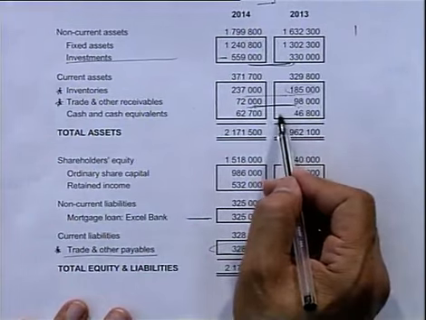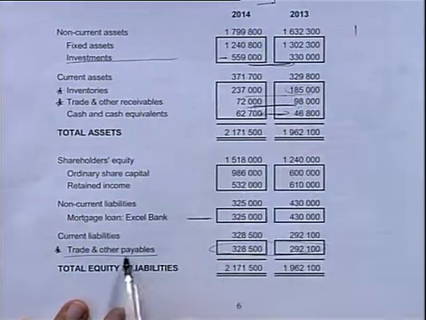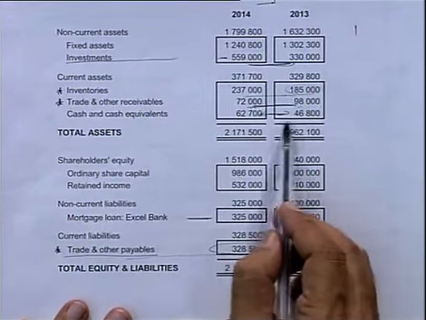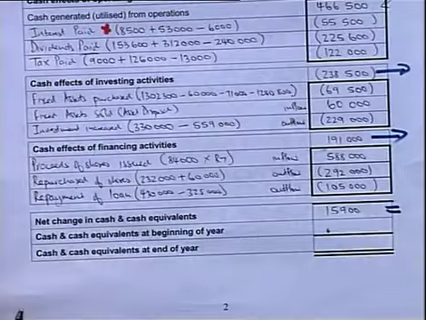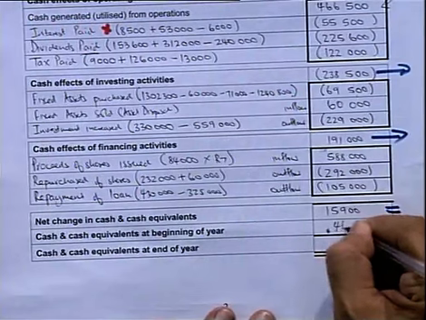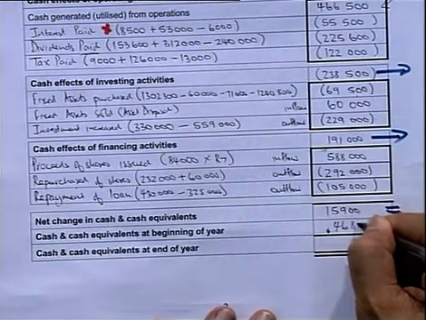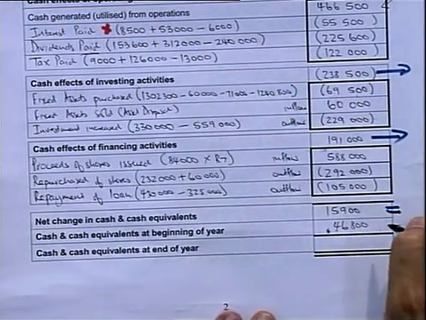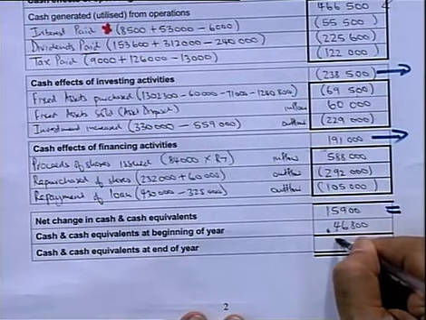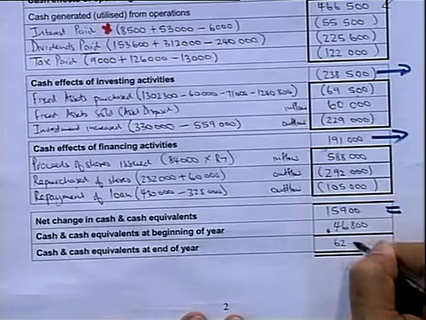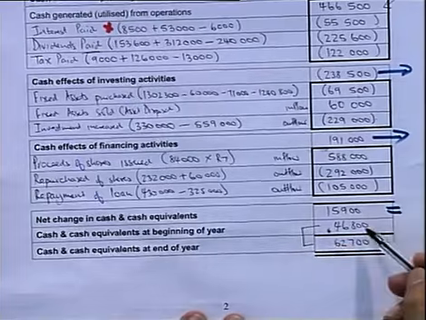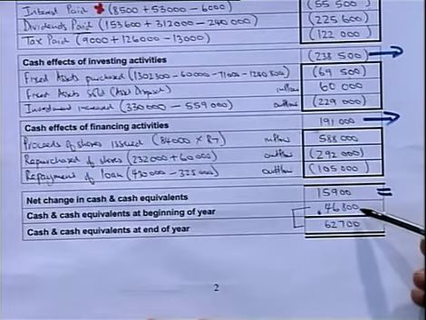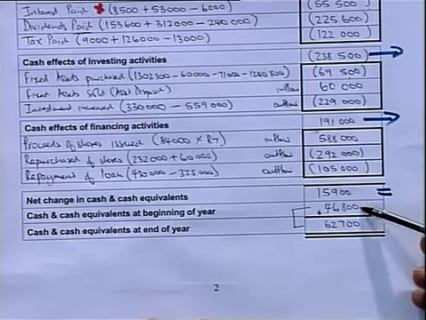Then the last item we have to check for will just be the cash and cash equivalents, which is the difference between that movement over there, but we need to check if there was any bank overdraft. So the cash and cash equivalents at the beginning of the year is 46,800, and at the end of the year is 62,700. So again, our cash increased from 46,800 to 62,700.